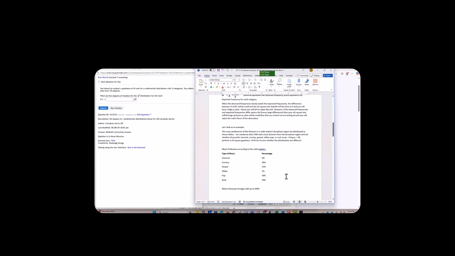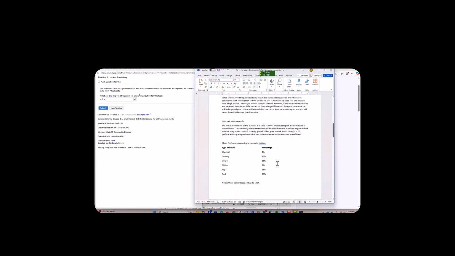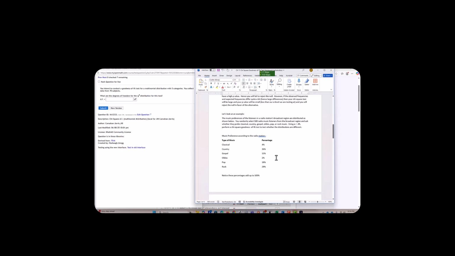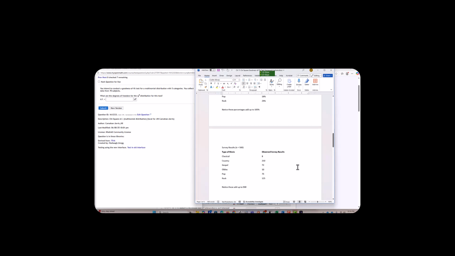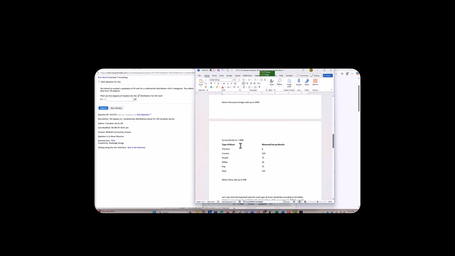So we're given these percentages here, and these are the expected ones according to the radio station. And notice that those percentages add up to 100. Then we actually survey 500 people, and these are the results that we get on what type of music they like and the number of counts here.